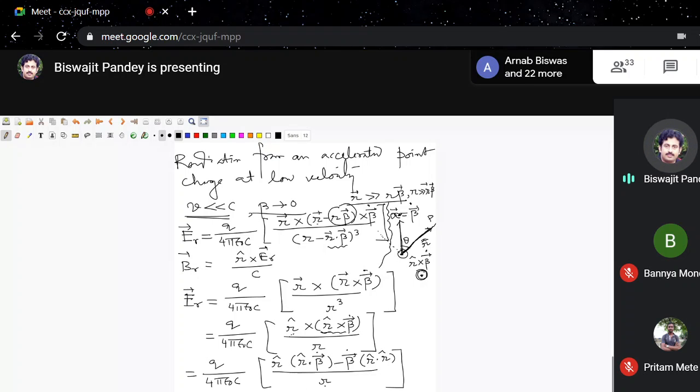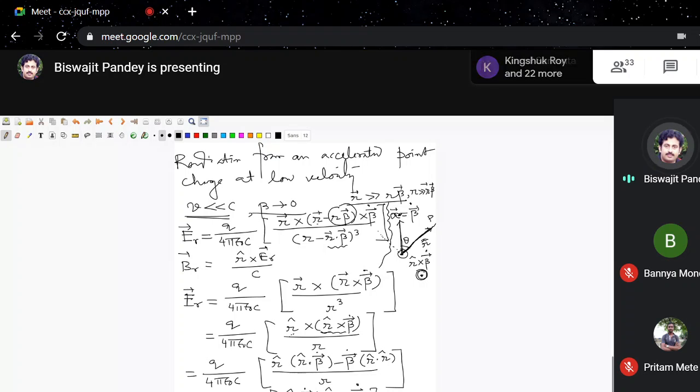Now once you simplify this further, I can write v, though there's no need to write v, but here let me write v over 4 pi epsilon 0 c square, and then I have r cap dot v dot, or this can also be kept, it doesn't matter, r cap minus v dot, r cap meaning 1, v dot divided by curly r. This is the electric field.